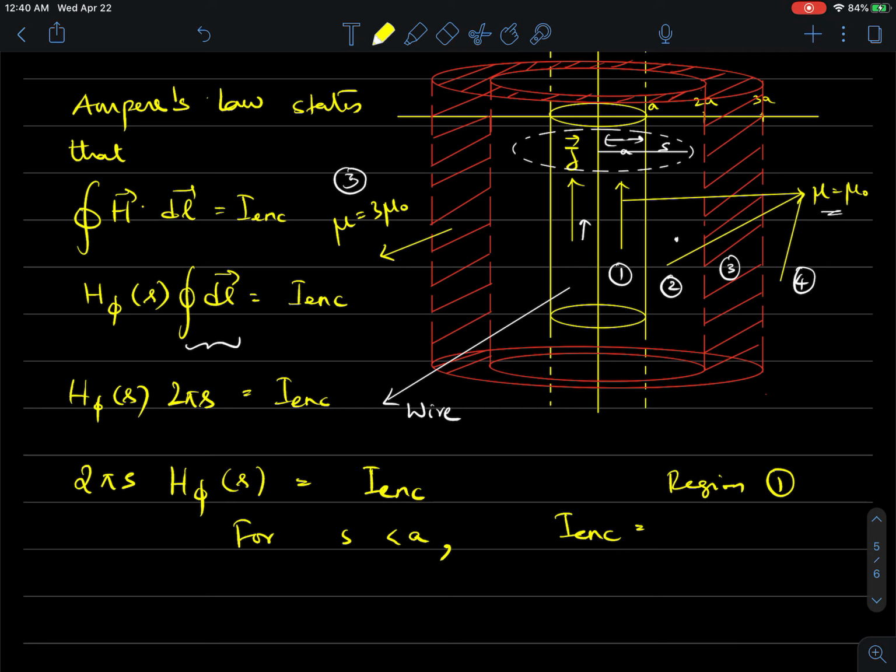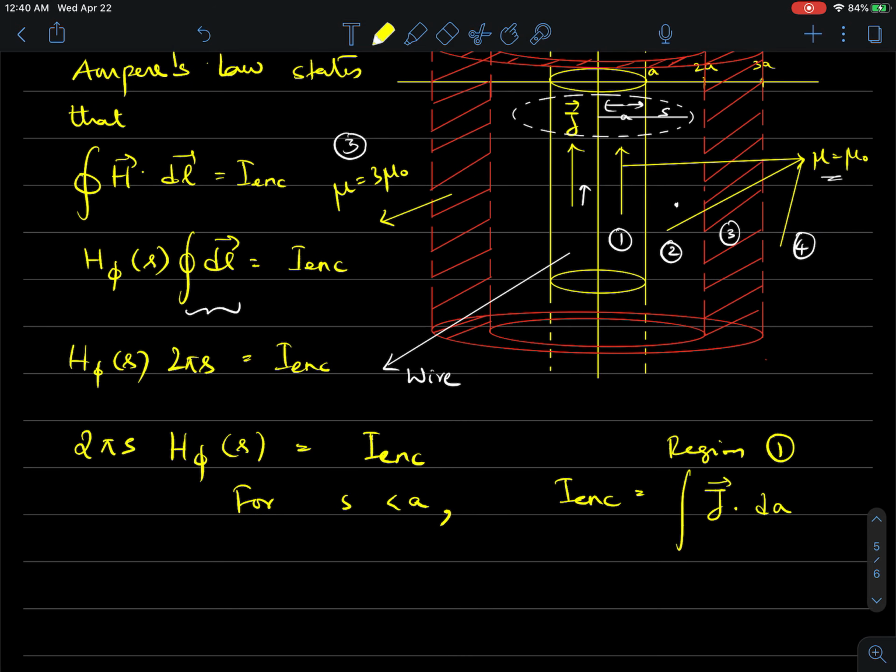We know that I enclosed is equal to J dot dA, the current density dotted with the surface area.